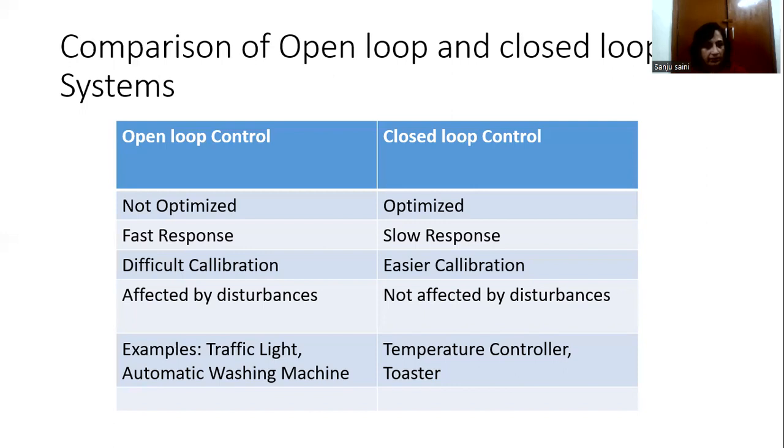In the next lecture, we will be learning about the classification of control systems on the basis of the signal used, or on the basis of the type of system, and many more classifications of control systems will be discussed.